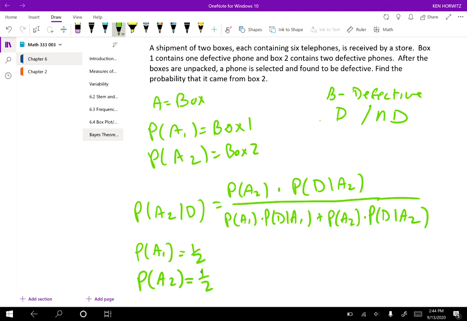Now if we're looking in box 1, given that we've chosen from box 1, the probability of being defective is 1 out of 6 because box 1 contains 1 defective phone, right? And each box has 6 phones.